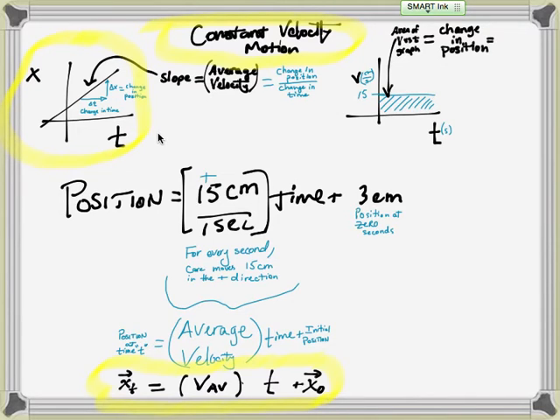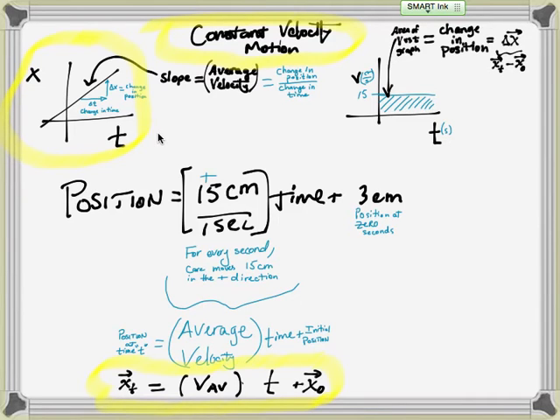And the symbol for that would be delta x, the triangle means change in, and the x means position. Now, to calculate a change in position, you would find the final position at time t minus the position at time 0. Since you're subtracting vectors, your change in position is also a vector.